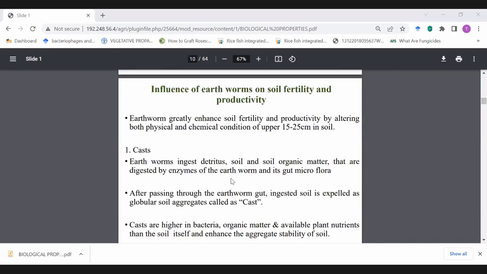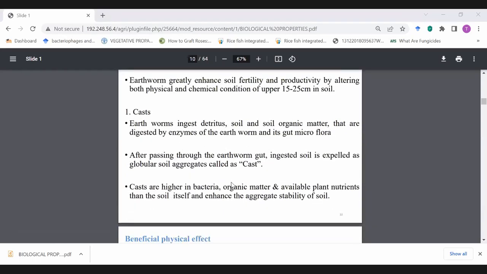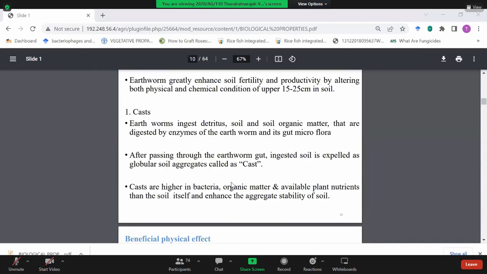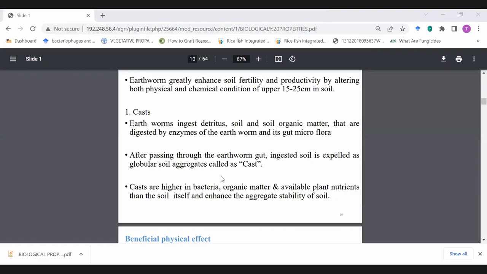As a result, it forms globular soil aggregates, called casts. These casts have high bacteria, organic matter, and available nutrients compared to the soil, and they form stable aggregates in the soil.